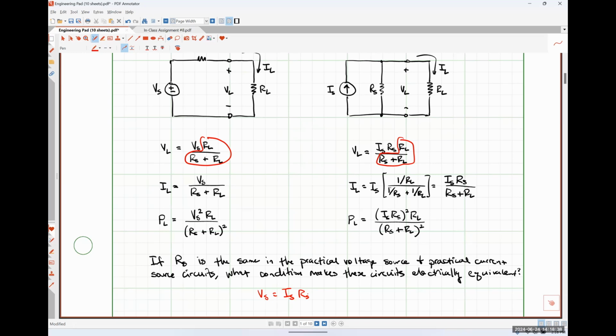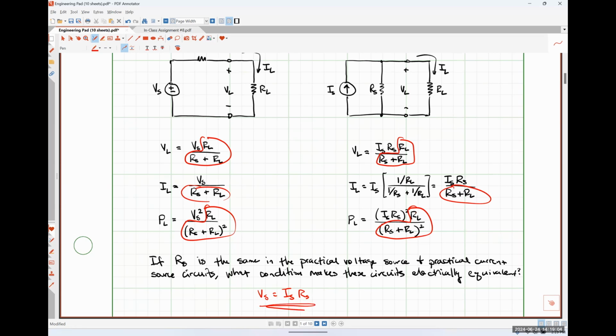If we look at our current relationship, we have a common denominator of RS plus RL. So the numerators will be the same when VS is equal to IS times RS. And here we have this term in common. And once again, we require that VS squared is equal to IS times RS squared in order for these two circuits to be electrically equivalent.